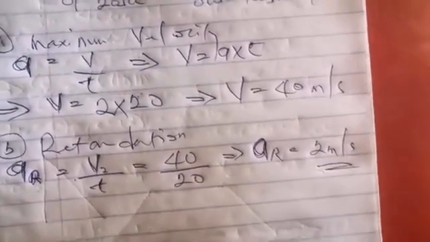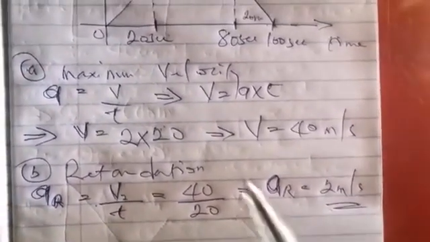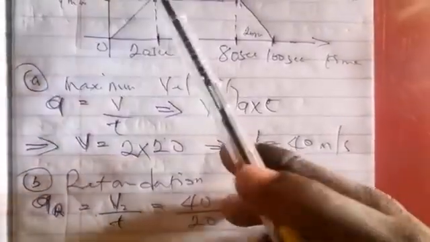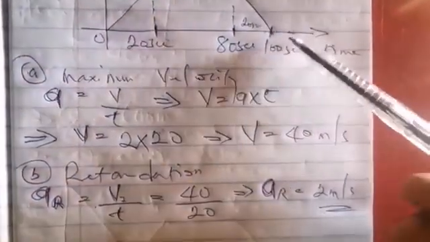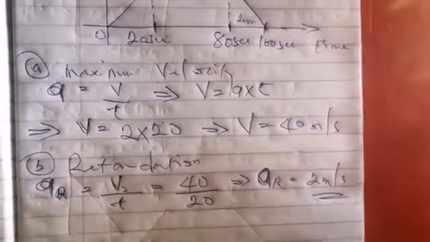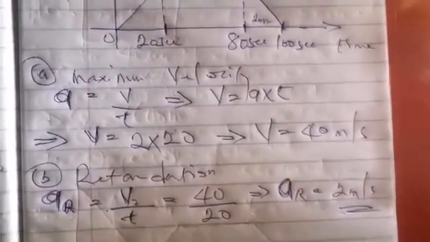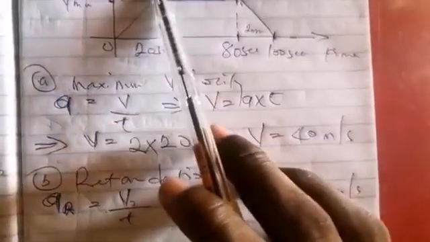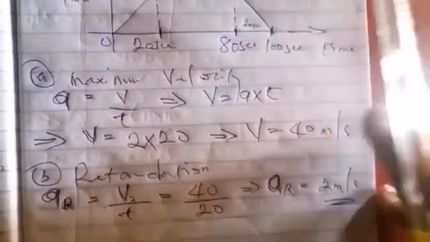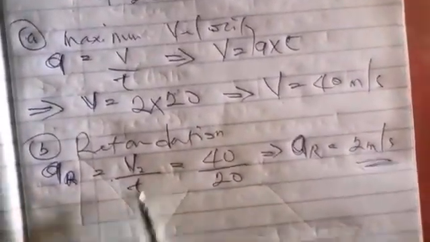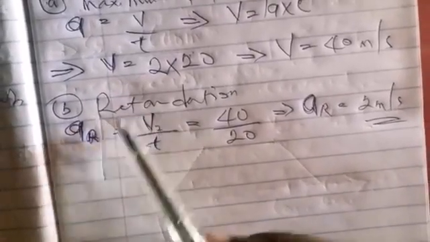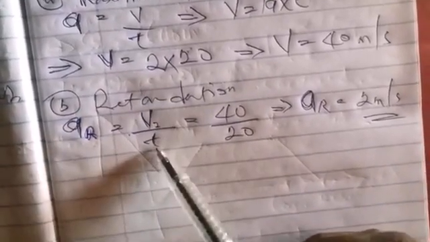So I told you, since the motion is uniform, acceleration from the beginning is the same thing as retardation at the end. It's not going to change because motion is uniform, just like velocity v1 is equal to velocity at point 2. So take note, retardation is simply velocity at point 2 divided by the time it takes to come to rest.